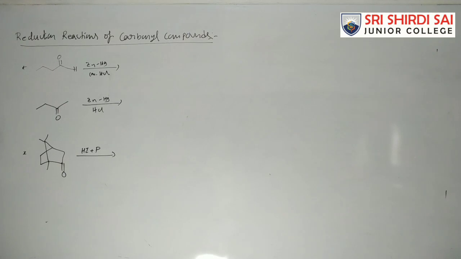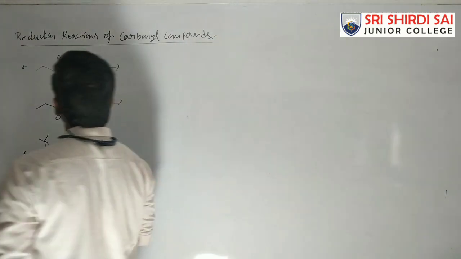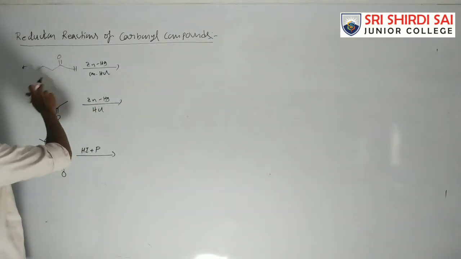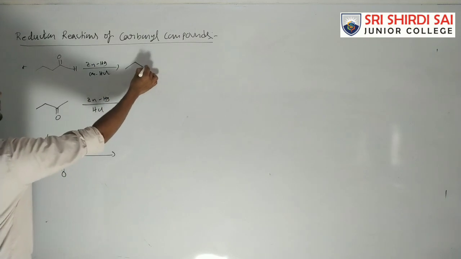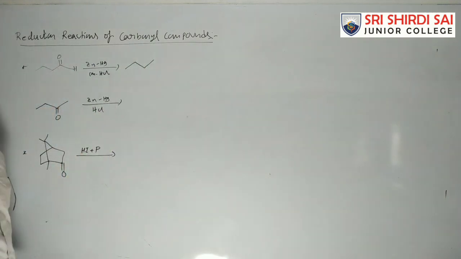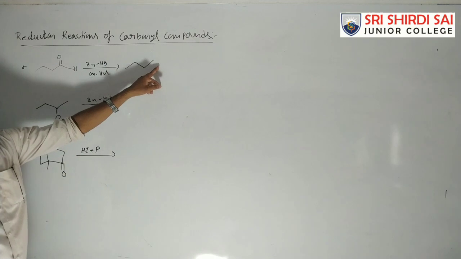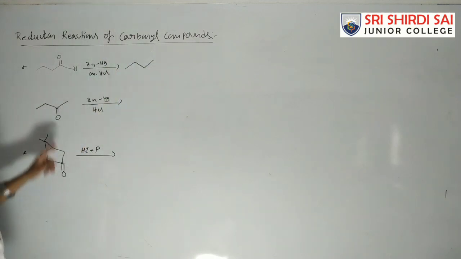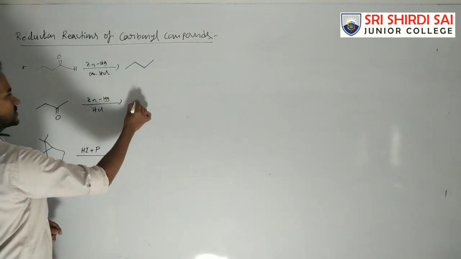Here are some more reactions. Suppose this is butanal. On reduction it gives butane. This CO becomes CH2, and the hydrogens, and this is converted to CH3. In this case also CO is converted to CH2, giving butane.